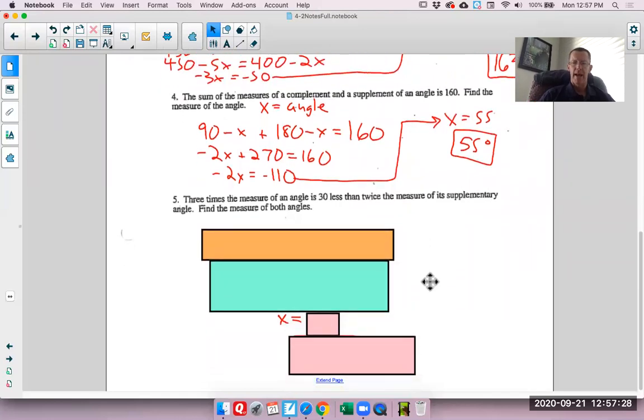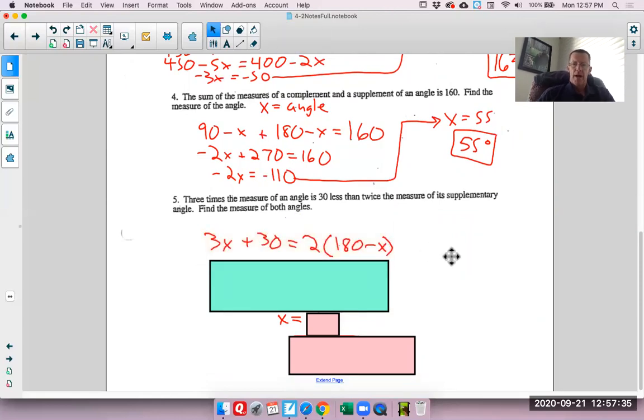All right, and then lastly, try this one. Okay, so I assigned and defined a variable. I should have written X equals angle measure, but anyway, 3 times the measure of an angle. Notice is 30 less. I ended up adding 30 to that just to balance it out. I like to give to the poor rather than steal from the rich.